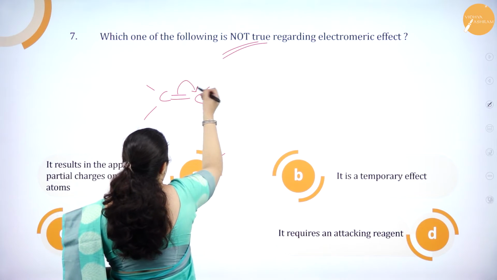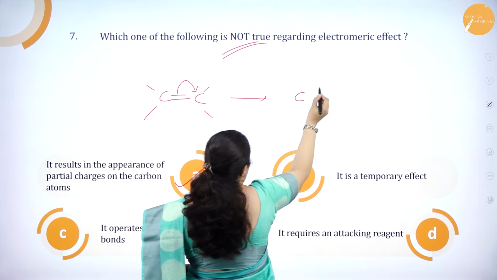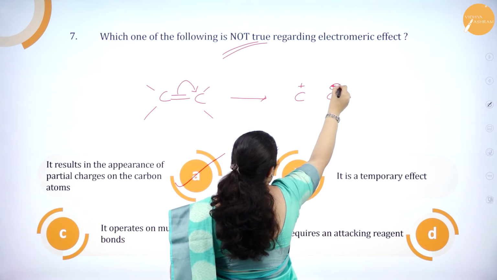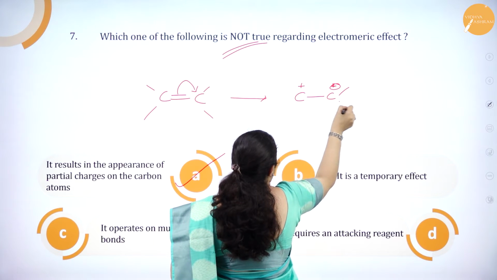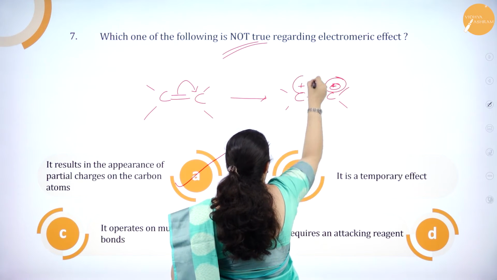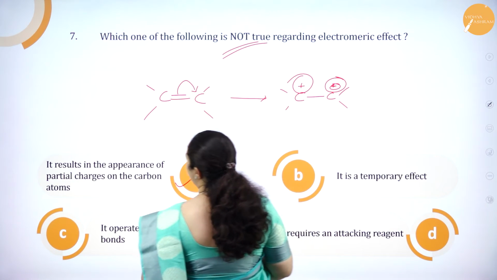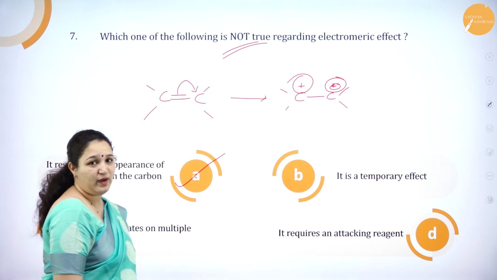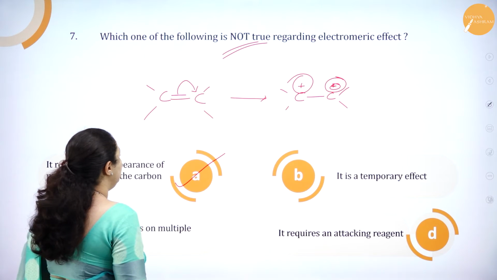So what happens is, in presence of attacking agent, one of the carbons gets the positive charge and one of the carbons gets the negative charge. So it is complete charge which is there. It is not partial charge. So this is the option which is wrong. Okay. So we'll see the next question.